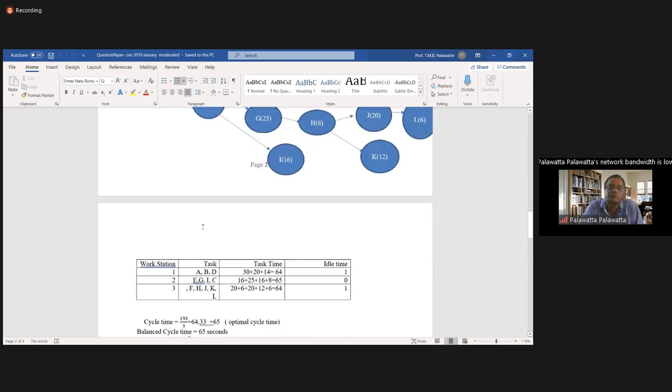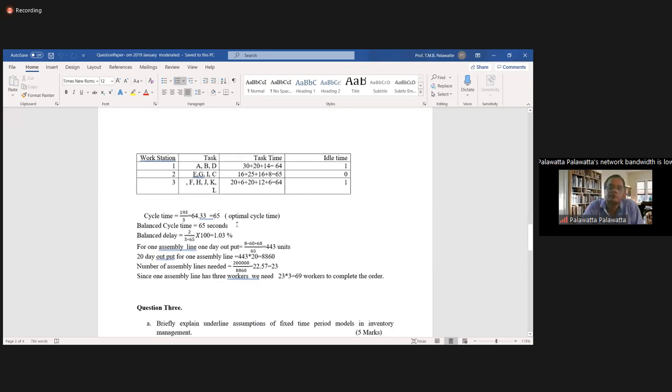So balance cycle time is 65 seconds. And this one is optimal cycle time.